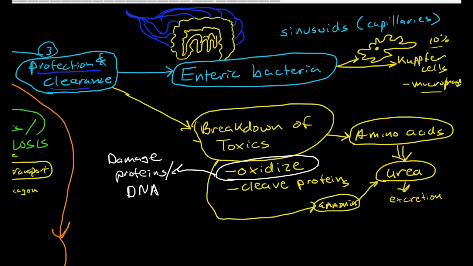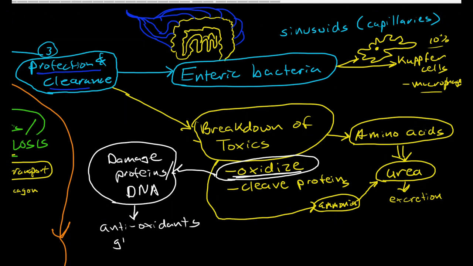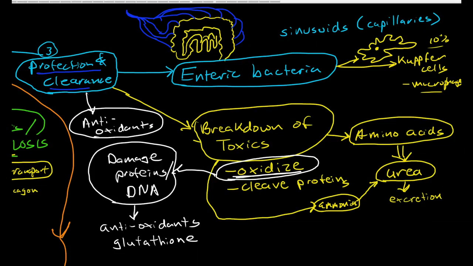So the liver uses oxidation to break down toxins, but it also needs to protect itself from oxidation, and so it produces antioxidants. One of the most important ones in the body, produced by the liver, is glutathione. So the production of antioxidants is another important protective function of the liver, and glutathione is really the major one.